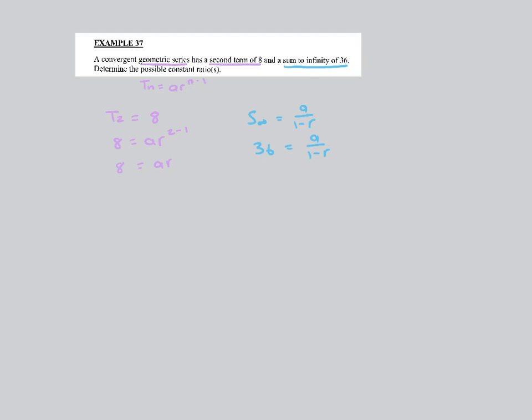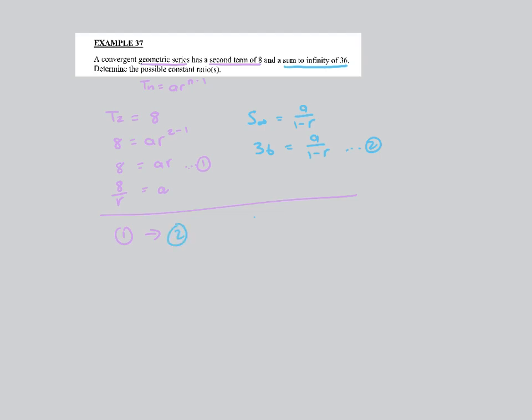All right. So what will we do? I would get a or r alone in the first one. If we, for example, get a alone in the first equation, that means it's 8 over r, right? So we've got that second equation. When I'm talking about equation 1, of course, that's equation 1, and then that's equation 2. What we're going to do is plug equation 1 into equation 2.